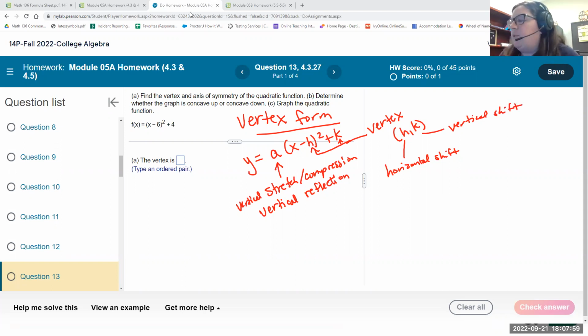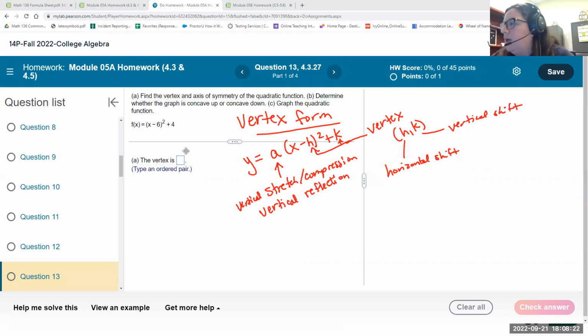So when we get the equation in this form, where it's something squared plus something, so it's not like the standard form that's ax squared plus bx plus c, this form we can look at and the vertex is kind of right there. So it's just a matter of remembering which is which between the x and the y and which one has the sign change, which one doesn't.